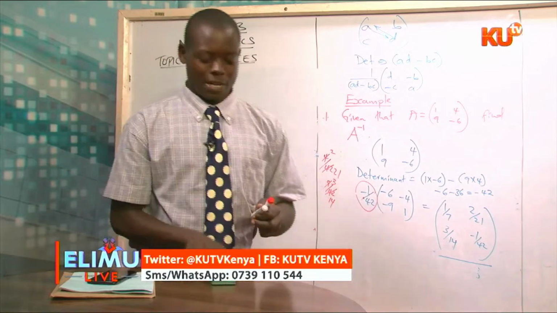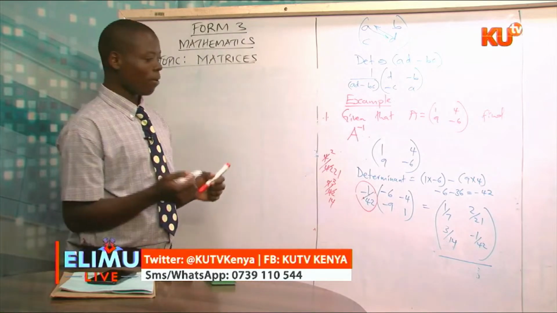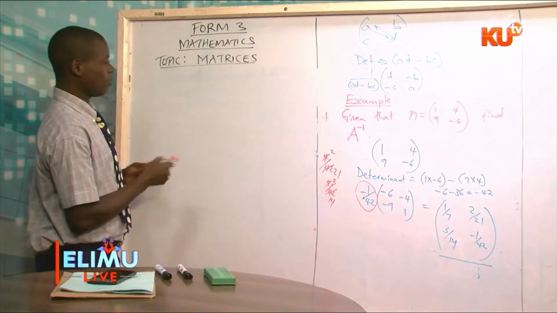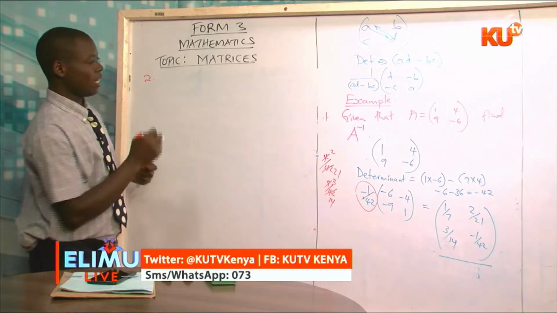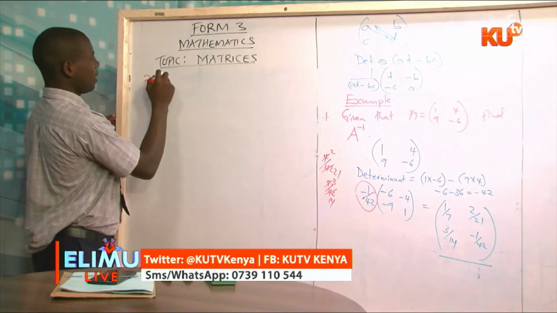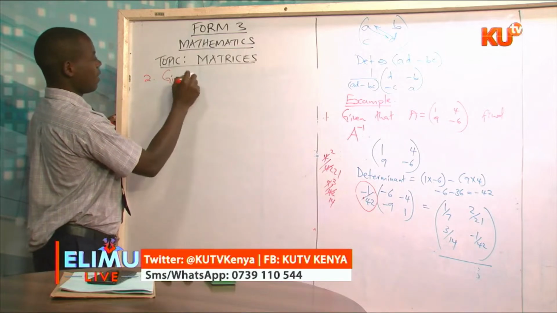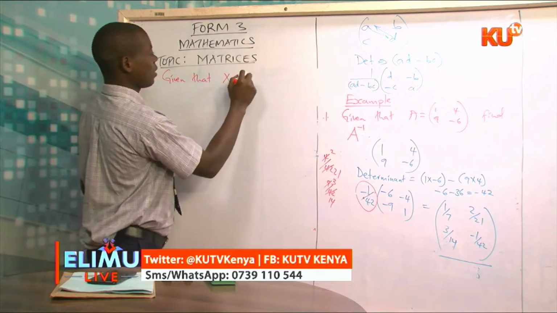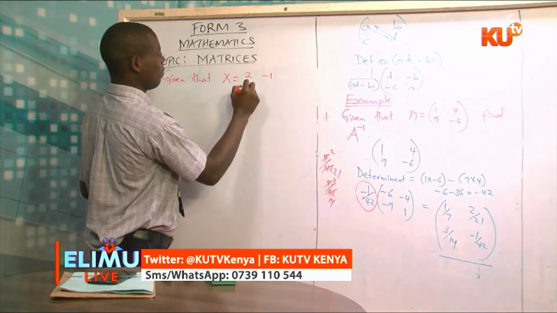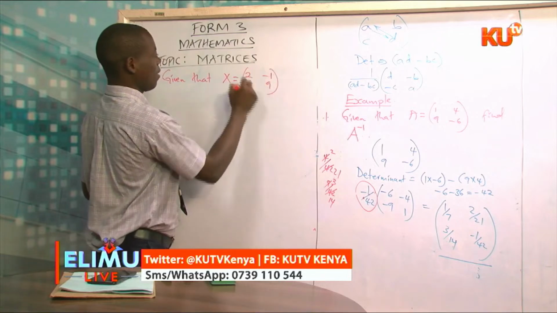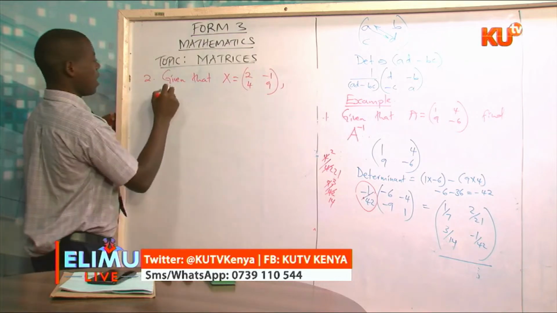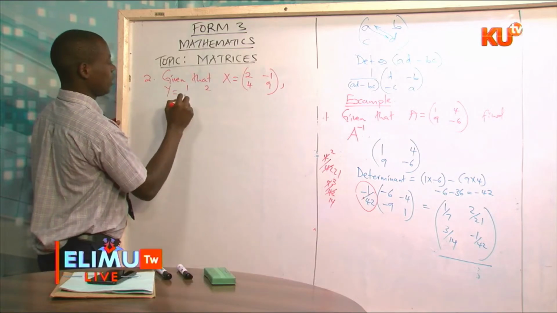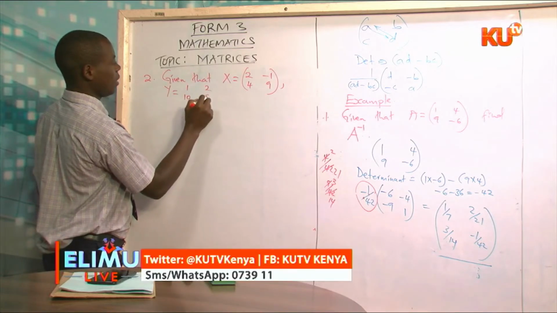And now, students, I want to bring in a broader question that encompasses various aspects that we've been able to look at. And this will be the case that given that X is a matrix 2, negative 1, 4, 9, Y is the matrix 1, 2, 10, negative 8.